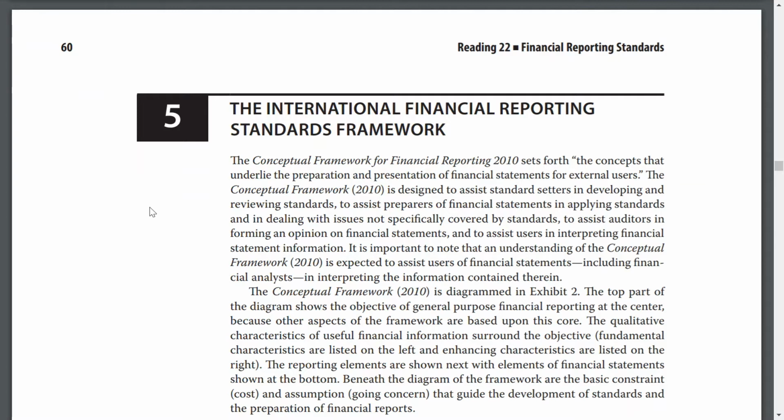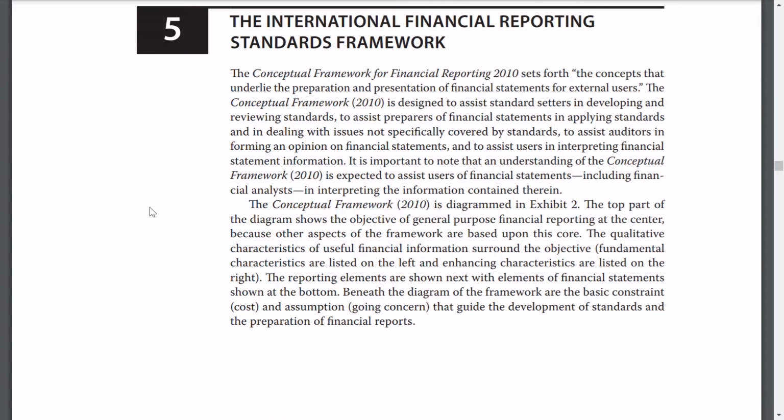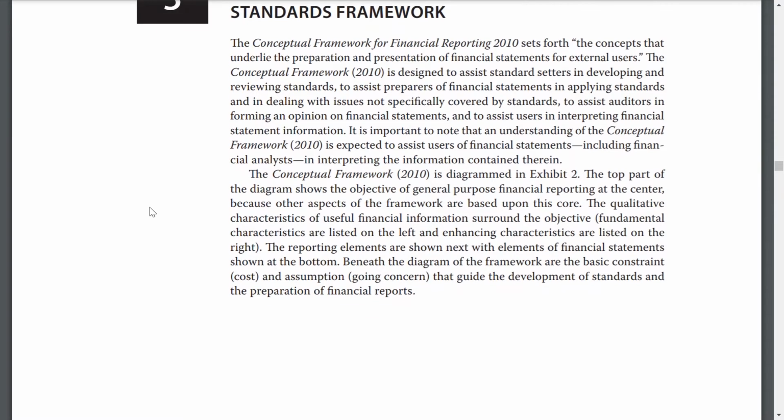It is important to note that an understanding of the Conceptual Framework of 2010 is expected to assist users of financial statements, including financial analysts, in interpreting the information contained therein. The conceptual framework is diagrammed in Exhibit 2. The top part of the diagram shows the objective of general purpose financial reporting at the center.